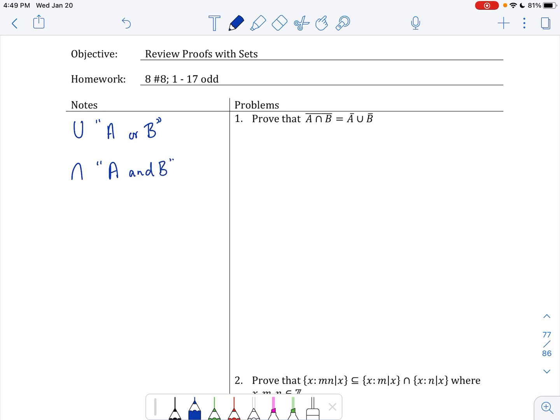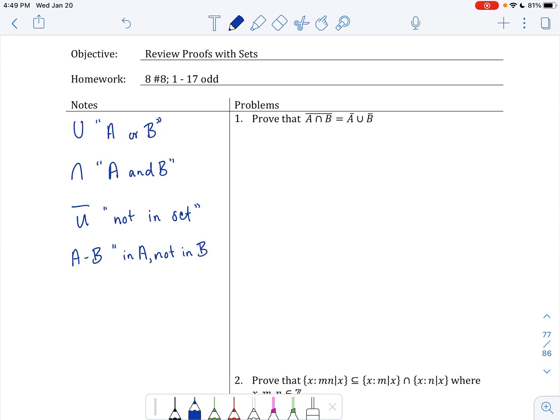The complement is everything that's not in the set. And then you'll also see subtraction, which just means that it's in A but not in B.